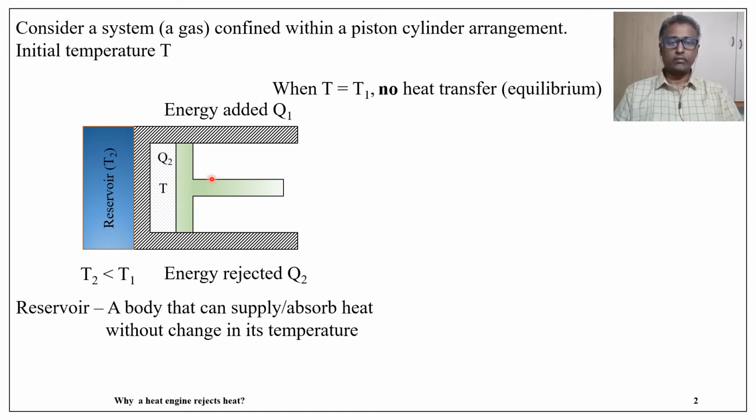If a system undergoes a cycle, net heat transfer is equal to net work done. What is that? W equal to Q1 minus Q2. Q1 is the heat added to the system, therefore it is positive. Q2 is the heat rejected by the system, therefore it is negative. So the difference in quantities is equal to work. Hence the system obeys the first law.